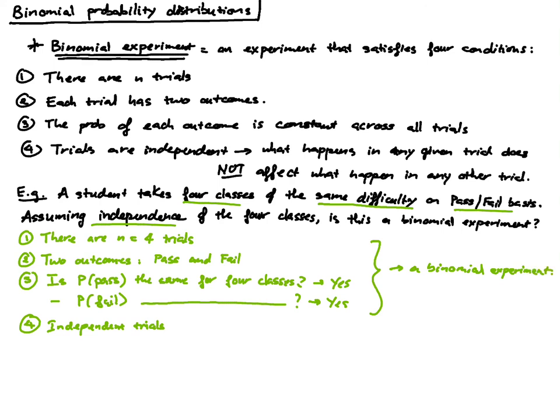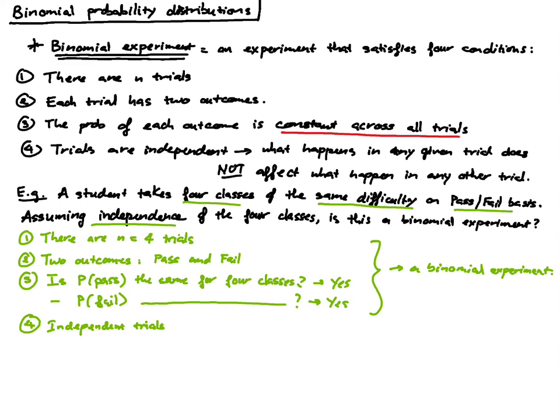All right. Now, one thing I want to note about the third condition in particular is that what we require here is that the probability of each outcome is the same across all trials.